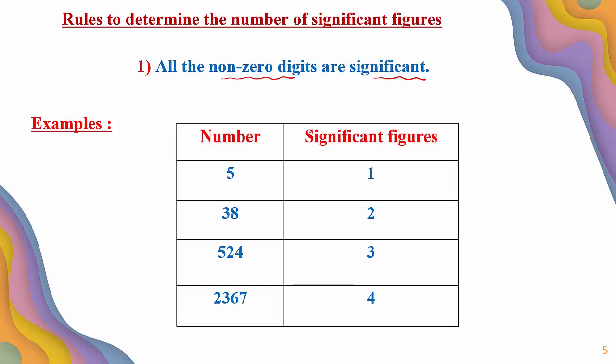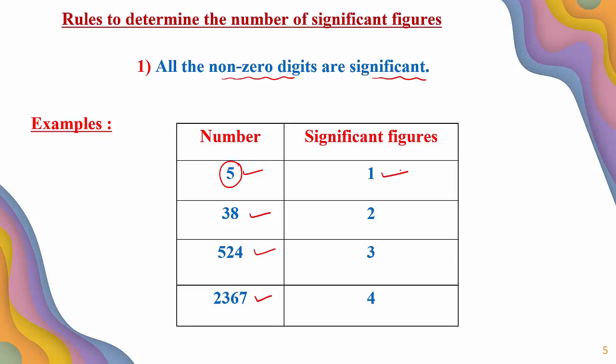You can observe this tabular column. Easily you can understand the first rule. Here the numbers given are 5, 38, 524, 2367. Is there any zero in the given numbers? No. All the non-zero digits are significant. How many significant figures are there in the first number?